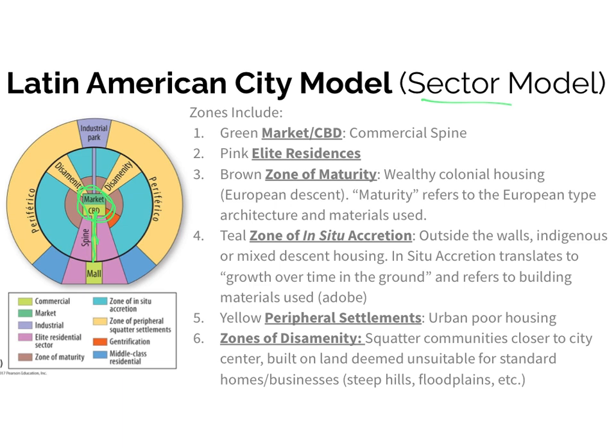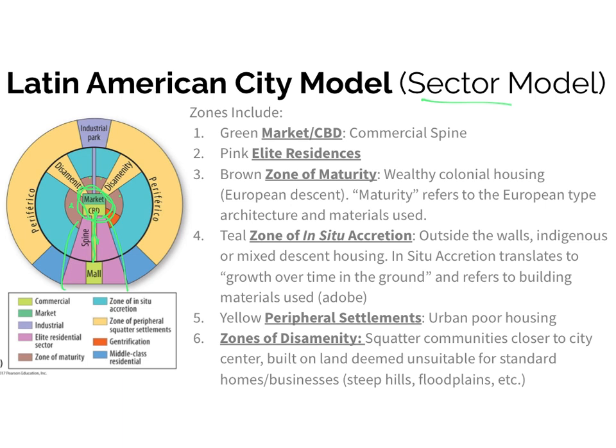The pink along this spine, so here and here, is where the fancy people live, where if you have money, you want to be close to where business is done. So that is your elite residences. The brown, this and this, is what's called the zone of maturity.